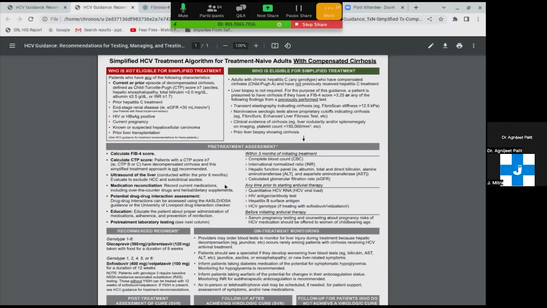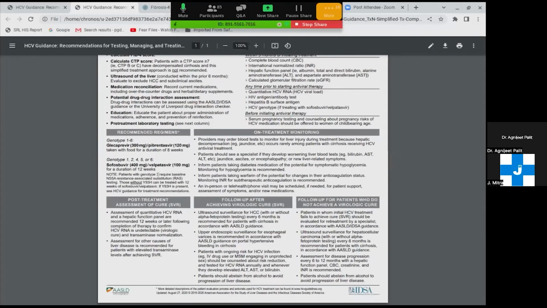As in the previous case, we will do some pre-treatment tests, also the HCV RNA viral load. Glecaprevir and pibrentasvir we can use in all genotypes, and if it is genotype 1, 2, 4, 5 or 6, that is not genotype 3, then we can use sofosbuvir/velpatasvir.